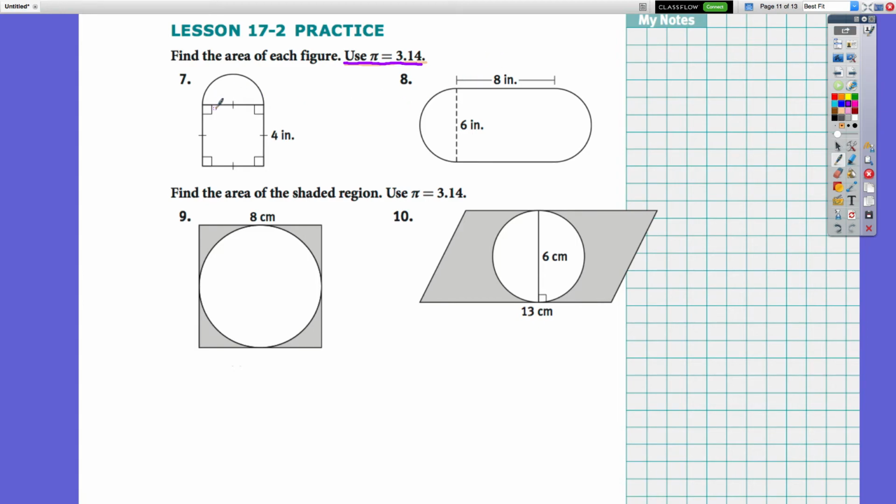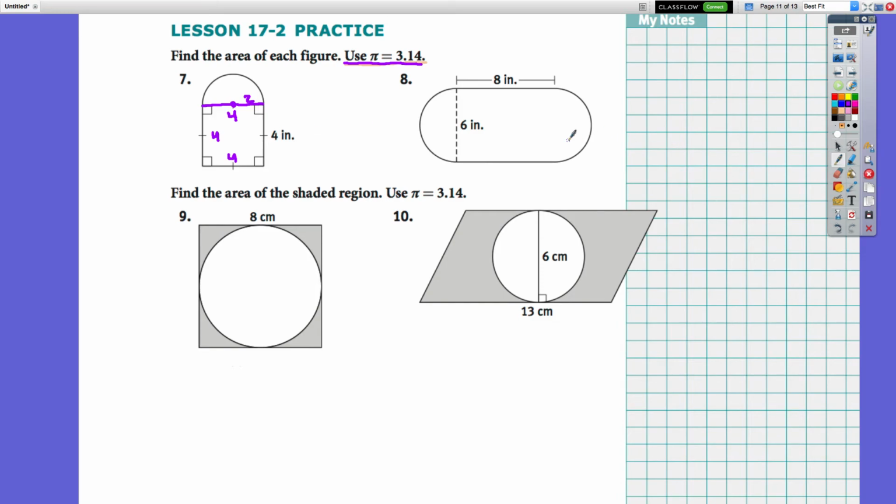Figure 1 is made up of a square, and we can tell it's a square because we have congruent sides. So we have a square and a semicircle. Now again, the semicircle here has a diameter of 4. But if we want to think of this as a radius perhaps, since we're finding area, we have a radius of 2.